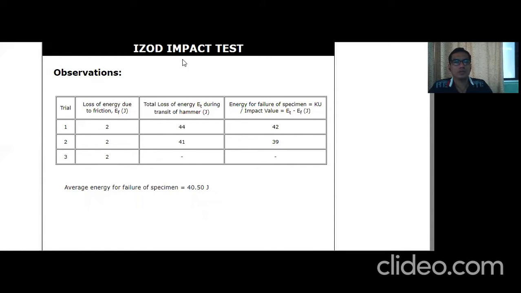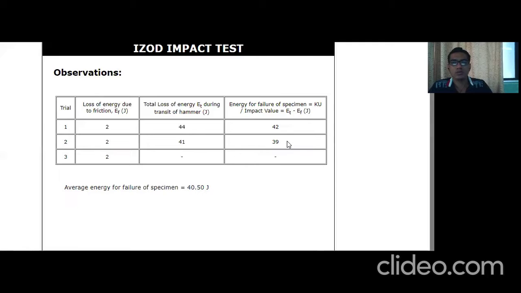After the observations, we find the average energy for failure of the specimen, 40.50. The average is taken of the first two trials only, not the third one, because we are getting the energy of failure for the specimen for only two trials.